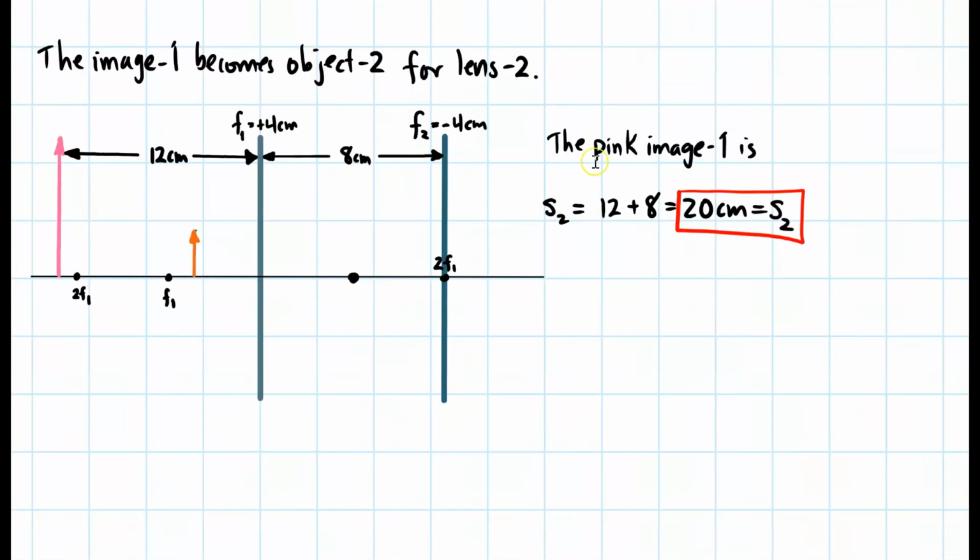Creating this picture, the distance from the pink image 1 to lens 2 is going to be this 12 plus this 8, so therefore the object S2 is the sum of these two, which is 20 centimeters. Calculate mathematically the second image and its total magnification.